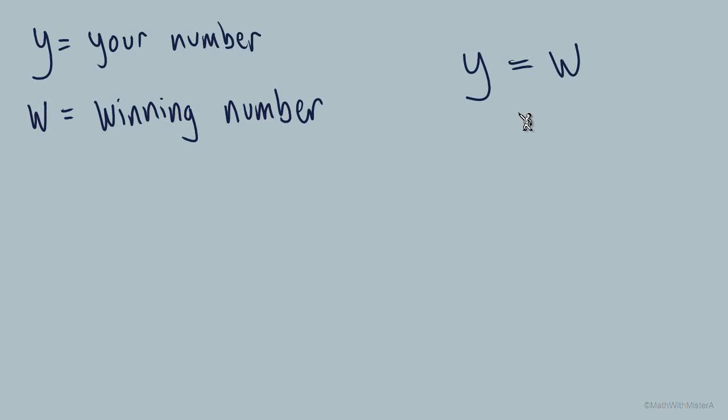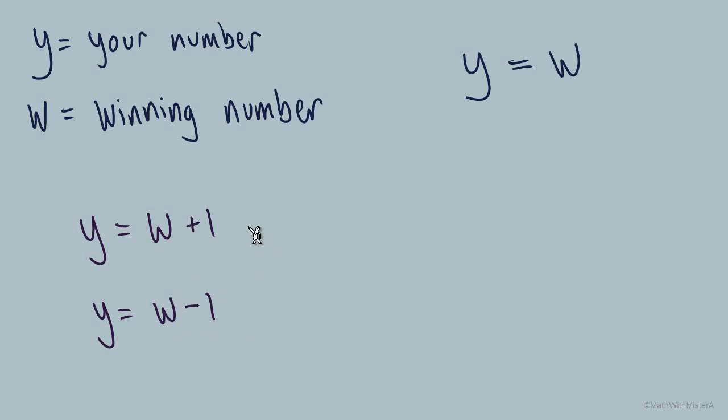So could I come up with an equation to show algebraically what that means? I could say that you could win if your number is the winning number +1 or the winning number -1. That way you would win if the number was 26, or if your number was 26 + 1, 27, or 26 - 1, 25.